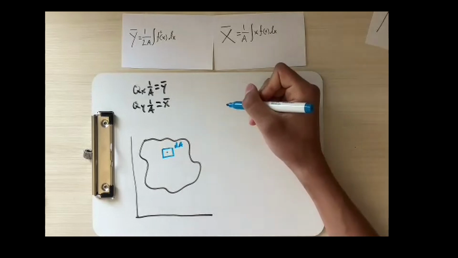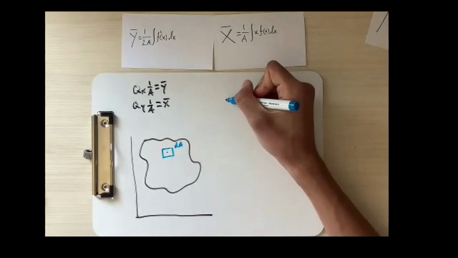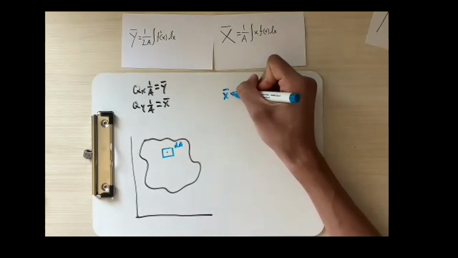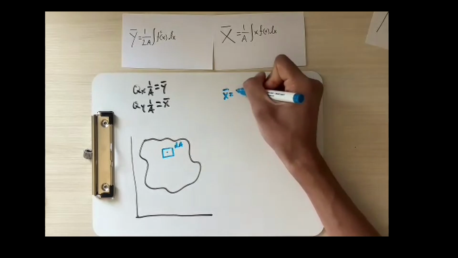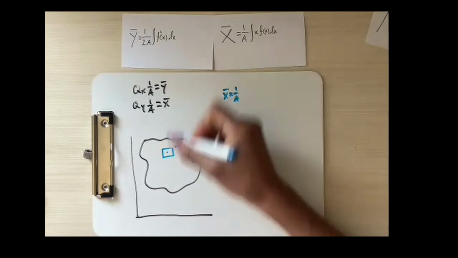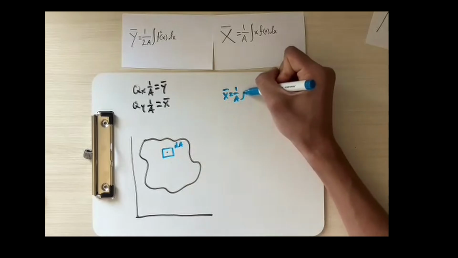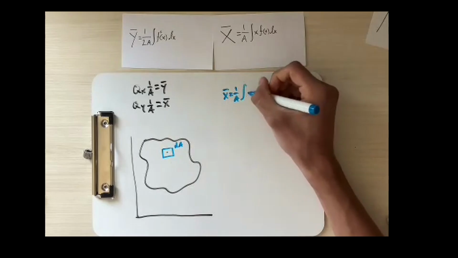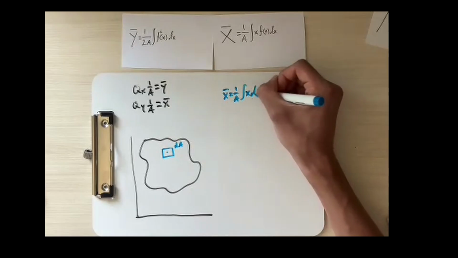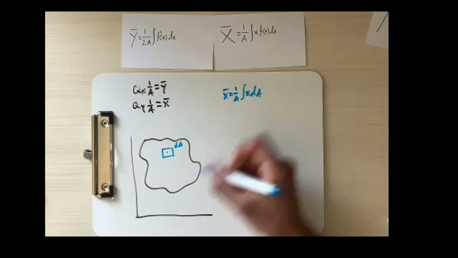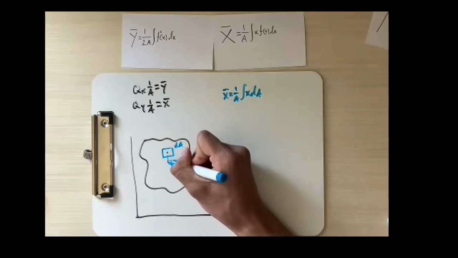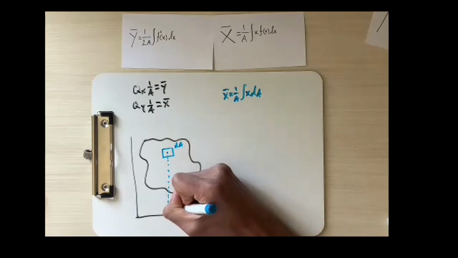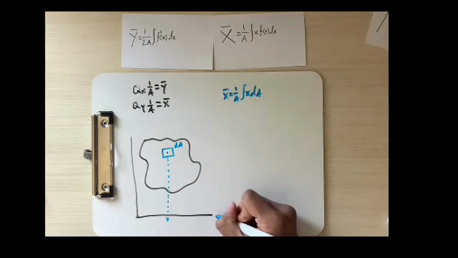So x bar equals 1 over A integral x dA. The reason that makes sense is this is just our x value at that point. And I'll give this x.